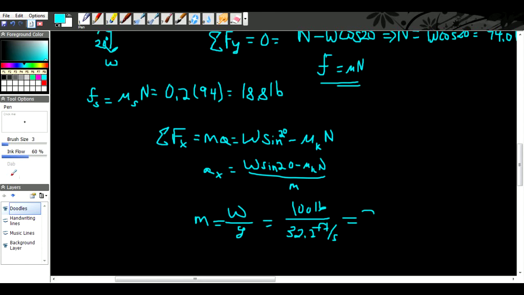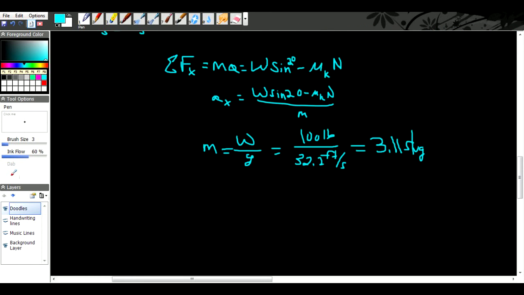So the mass is 3.11 slugs. Now we can plug everything into the equation, and ax comes out to be 6.47 feet per second squared.